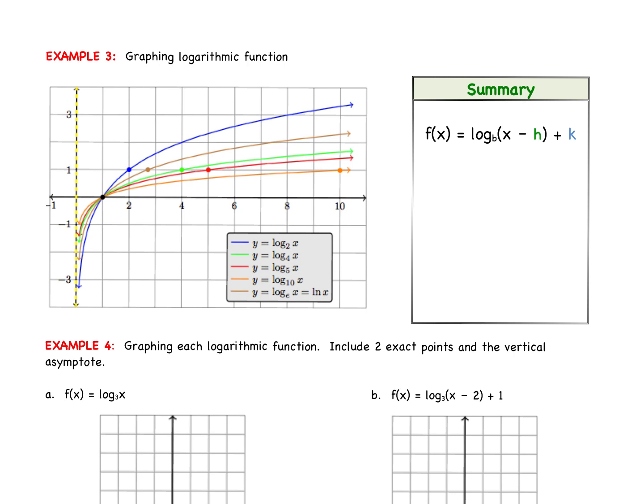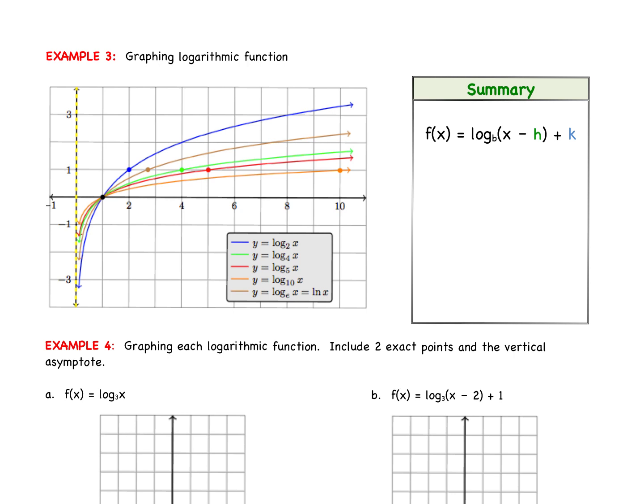So there are 5 examples that you see. First thing to notice, is there an asymptote? Yes. Exponential, the asymptote was at y equals 0. Where's the asymptote now? x equals 0. Okay? Asymptote at x equals 0.